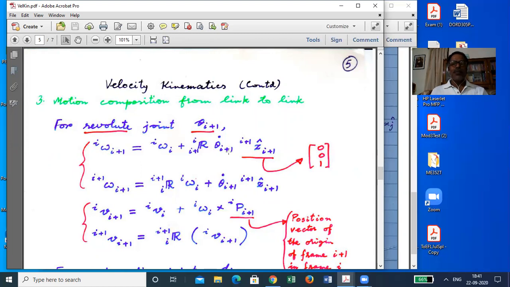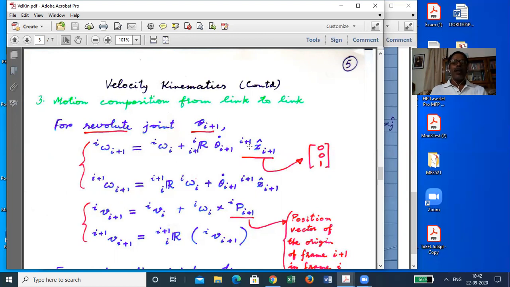So that will be the theta dot of that joint I plus 1 into the unit vector along its z direction. That is the axis of rotation. And that angular velocity is in the frame I plus 1, that is here converted to frame I, and then added to this angular velocity of frame I itself, which is already in its own basis.